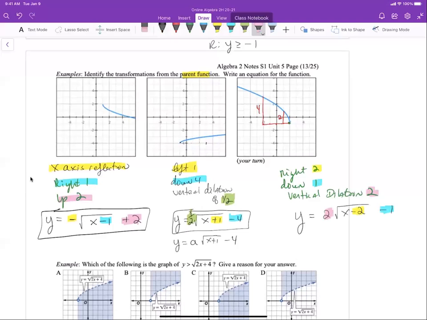Okay. Oh, I do have a reflection. Look what I have just not paid attention to. Okay, so originally that graph should have looked something like this. And I have a y-axis reflection, which is considered a horizontal translation. So I need to put that on there. That is a y-axis reflection.